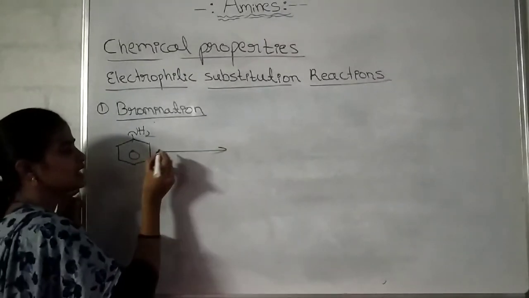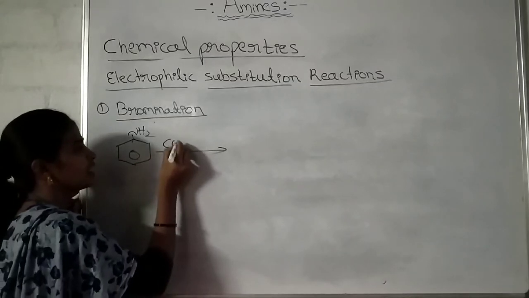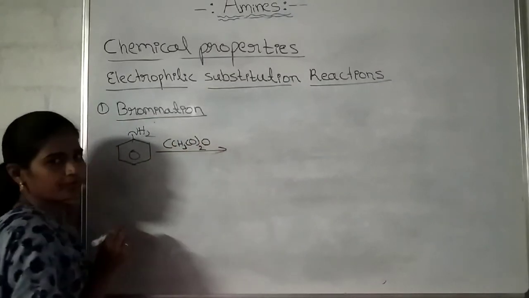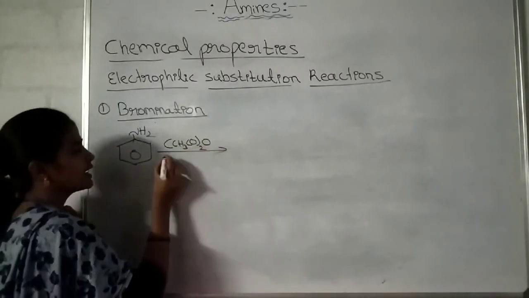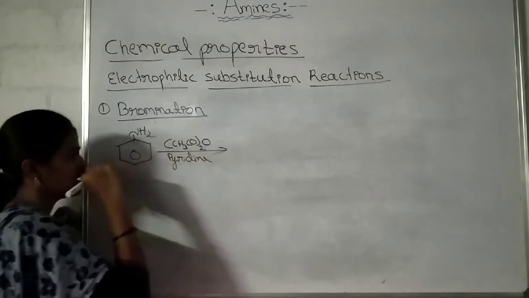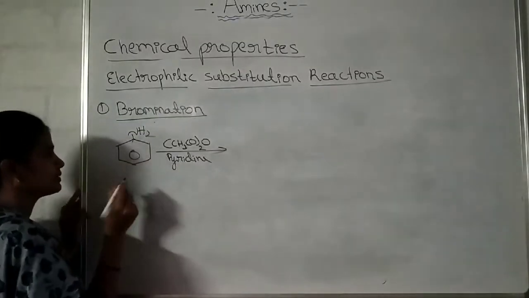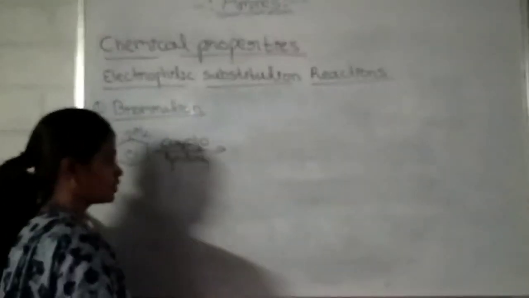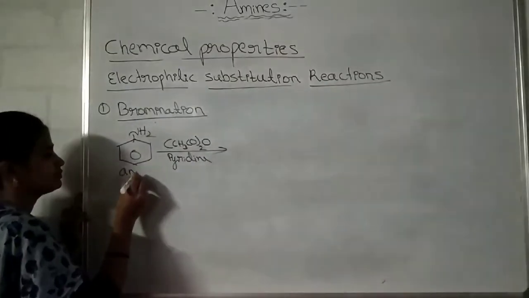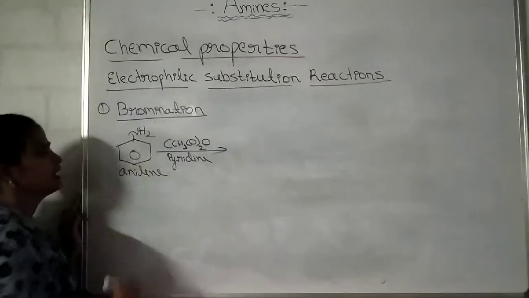Here I am using acetic anhydride, that is (CH3CO)2O, in the presence of pyridine. Acetylation is always carried out in the presence of a more basic compound. Pyridine is more basic than aniline.